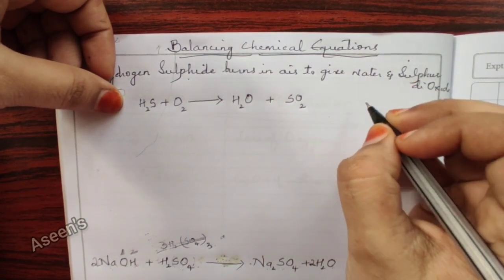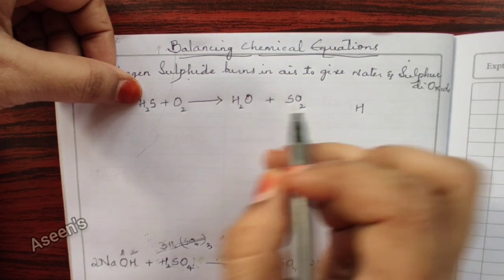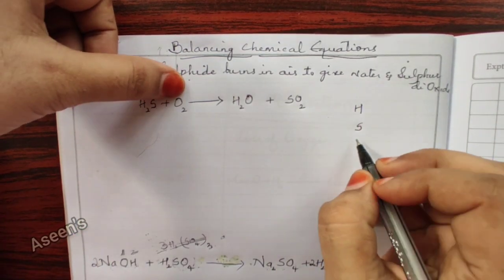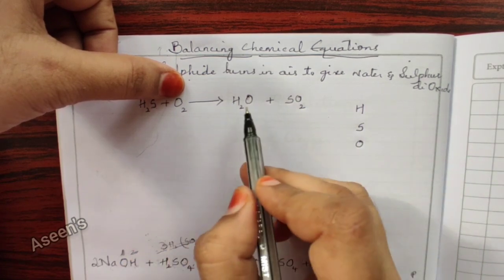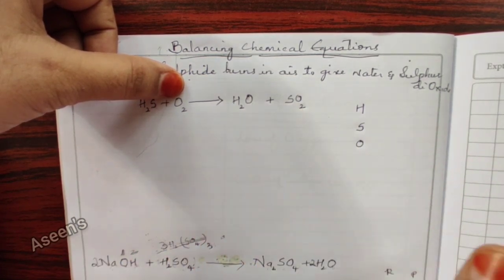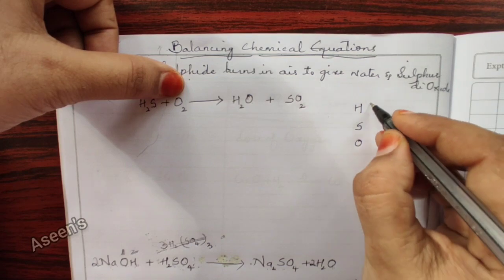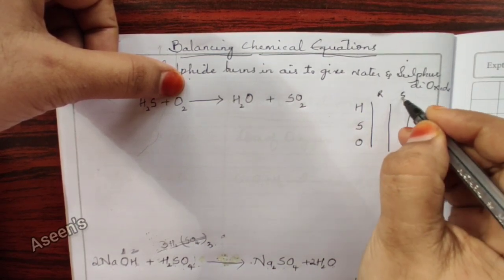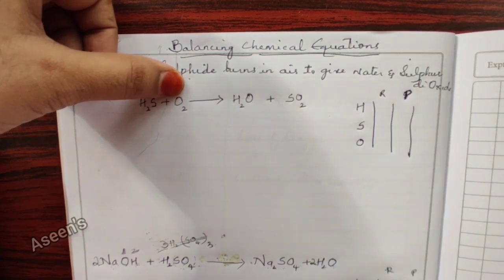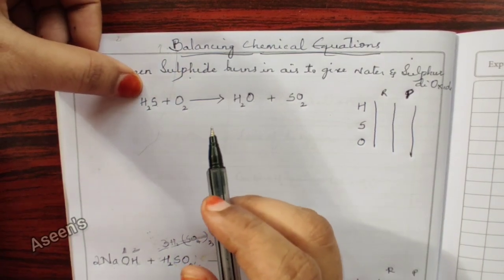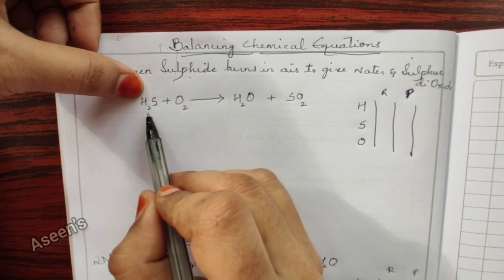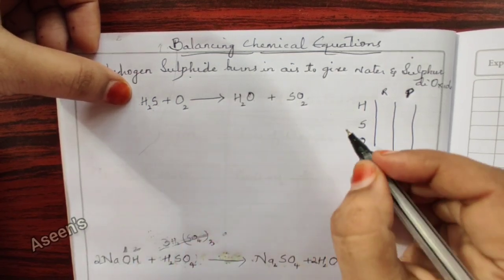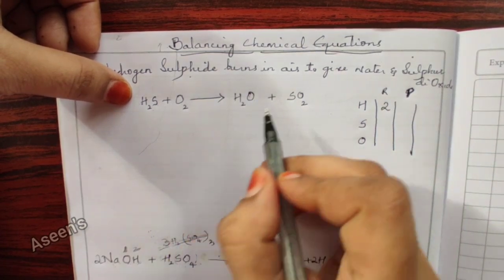Now, for the process of balancing, I'm going to write the elements hydrogen, sulfur, oxygen. So here also hydrogen, sulfur and oxygen. Next, I'm going to write the reactant and the product side. On the reactant side, I have got 1 2s are 2 hydrogens.